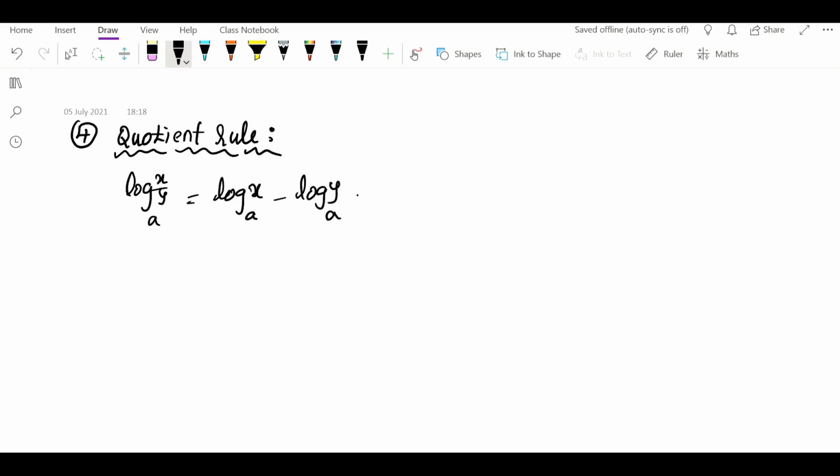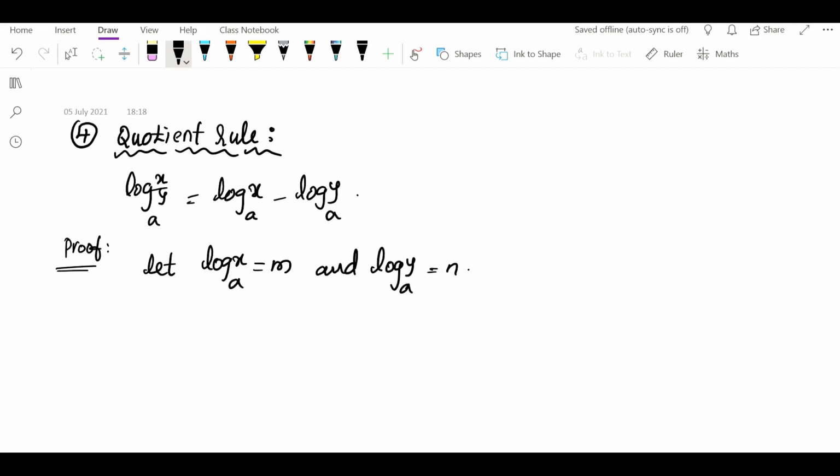What is the proof of this fourth property? Proof. Let us assume that log x base a is equal to m and log y base a is equal to n. These two are in logarithmic forms.